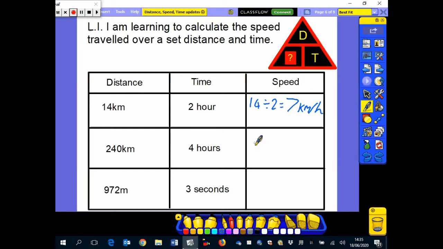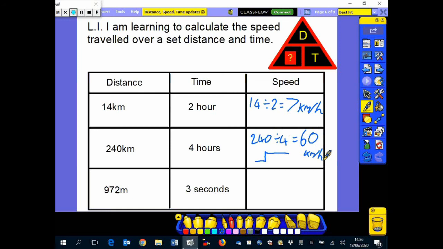That's going to be 240 divided by 4. Now, you could do this as a formal division sum. However, you should just be able to use your knowledge of the 4 times table and see that this is basically just 24 divided by 4 with an extra 0 on the end. In other words, 60 kilometers per hour.